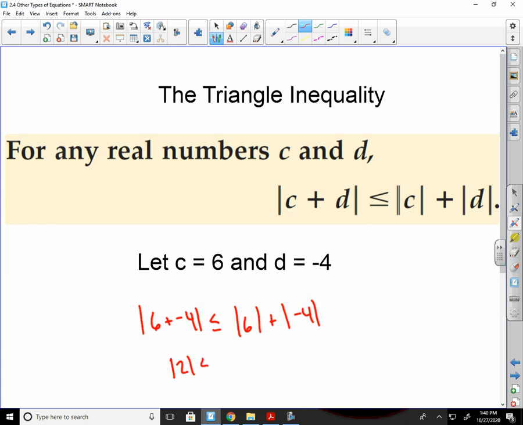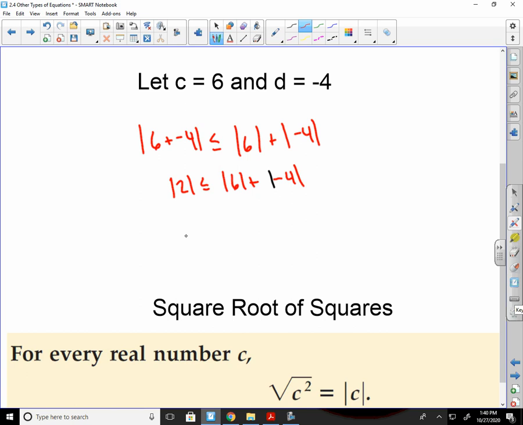Absolute value of 2 is less than or equal to absolute value of 6 plus absolute value of -4. Absolute value of 2 is just 2. Absolute value of 6 is 6. Absolute value of -4 is 4. So 2 is less than or equal to 10. So that is true.